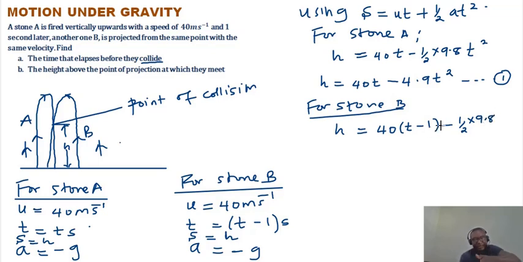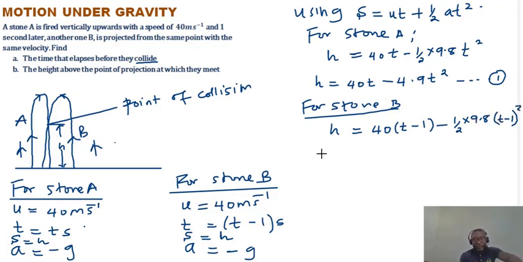Why? Because we are moving against gravity. The time is t minus 1 squared. So on simplifying here, we have h being equal to 40 into bracket t minus 1 minus 4.9 into bracket t minus 1 squared.